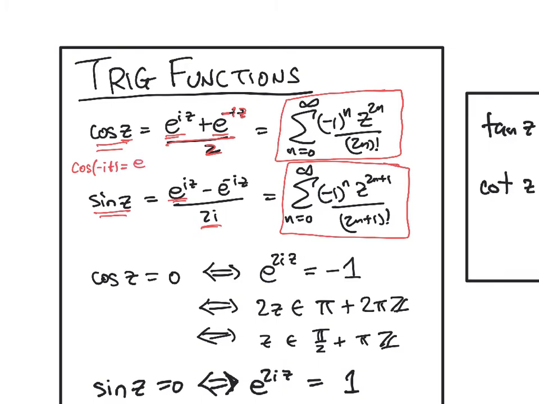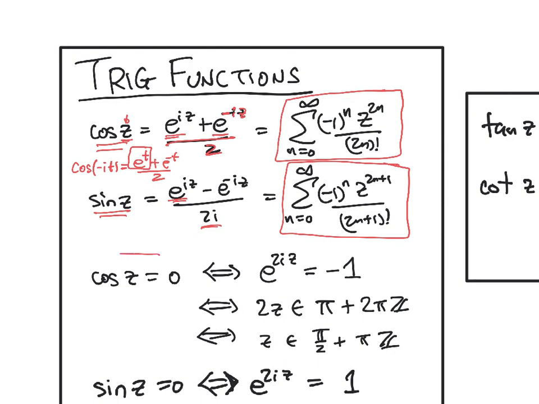I'll have e to the t plus e to the minus t over 2. So this is actually a hyperbolic cosine, and as t goes to infinity in the real numbers, it'll blow up. So it doesn't satisfy all the properties of cosine, but it does restrict to the usual cosine when I put in a real number for z.